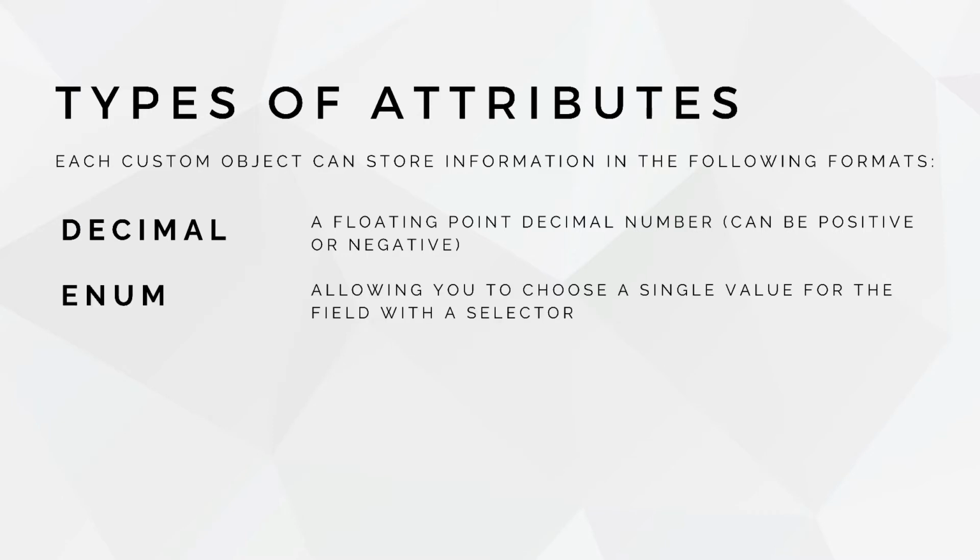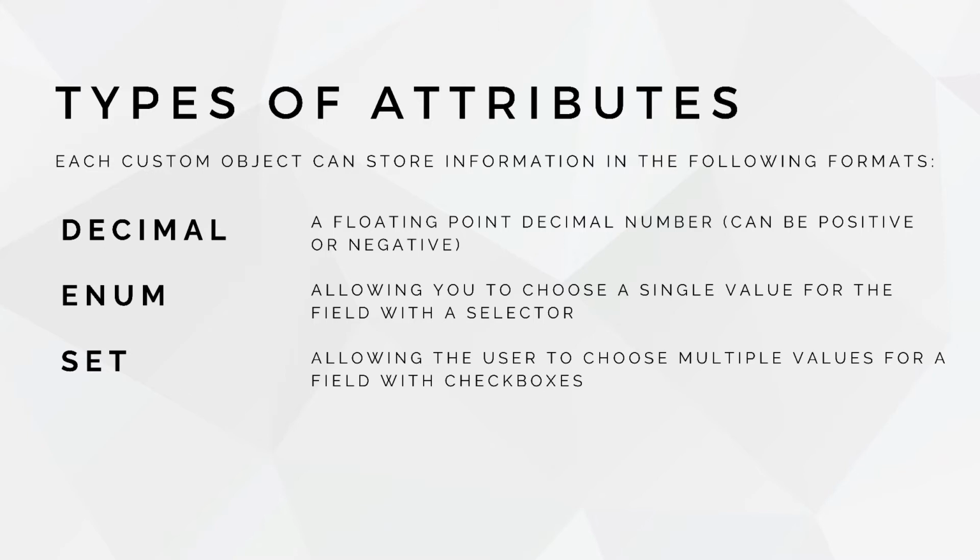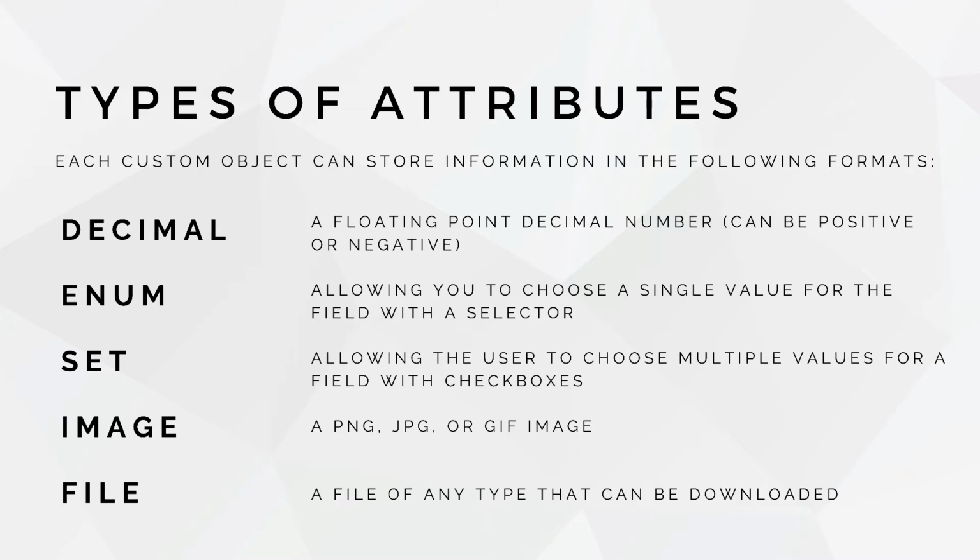The enum option allows you to choose a single value for a field within the selector. Otherwise, you can use the set option, which allows the user to choose multiple values for the field using checkboxes. You can store images such as PNG, JPEG, or GIF, as well as associate a file of any type that can be downloaded within the contact CRM record.